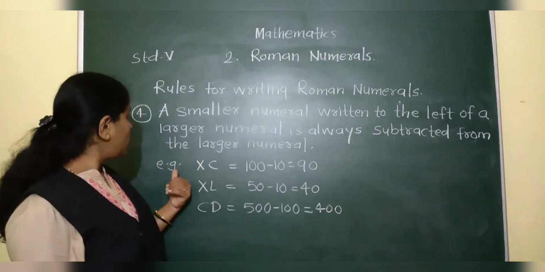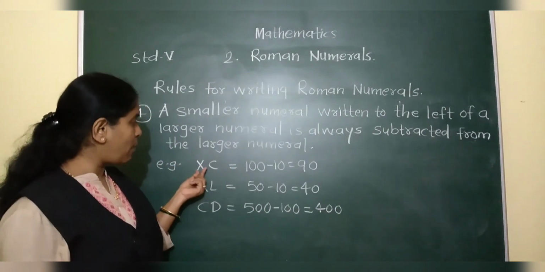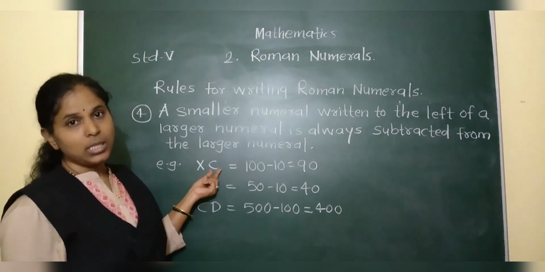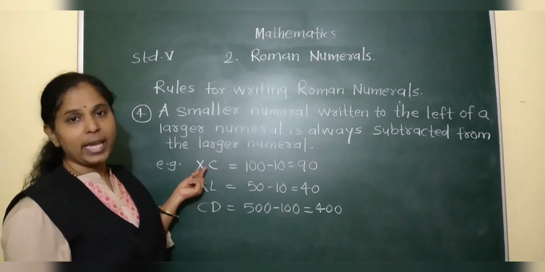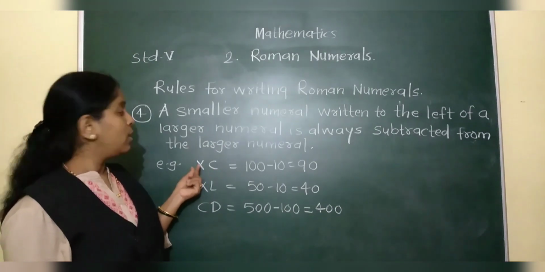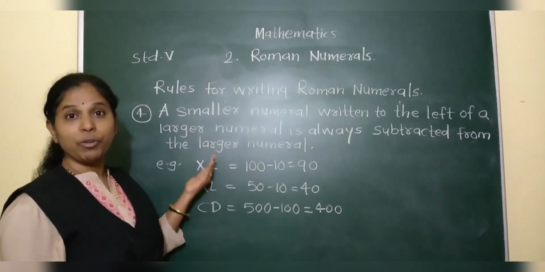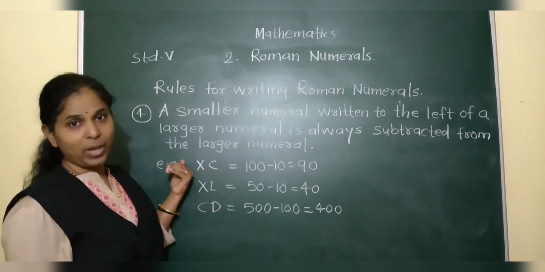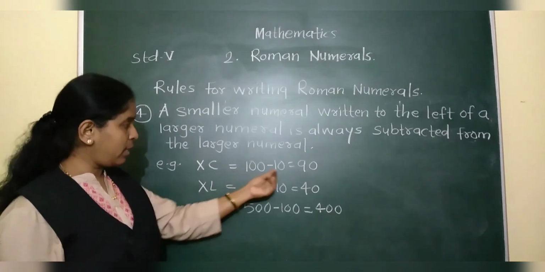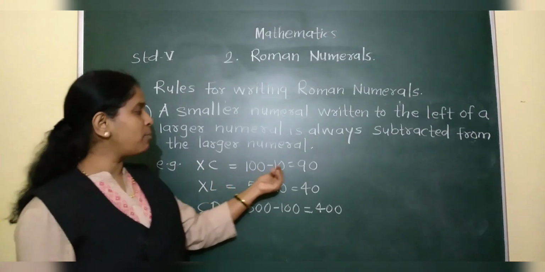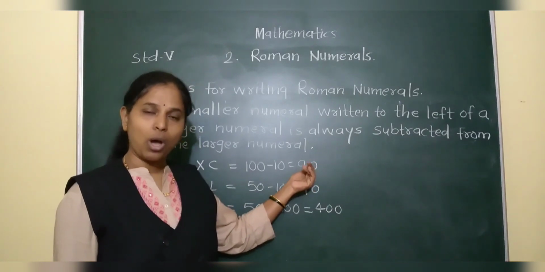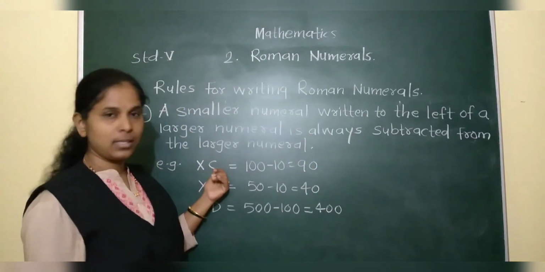Okay. So for example, XC. C stands for 100. X stands for 10. Now see, X is written before C, that is before the greater numeral. Means we have to subtract 10 from 100. So 100 minus 10 is 90. So how to write 90? XC.